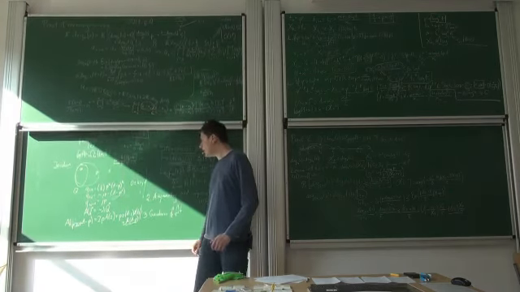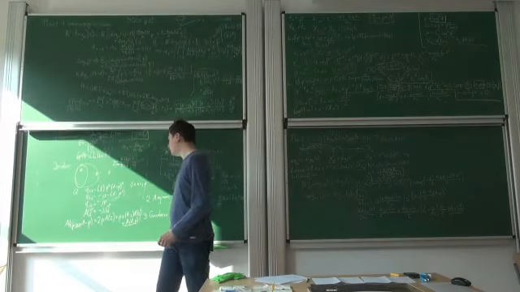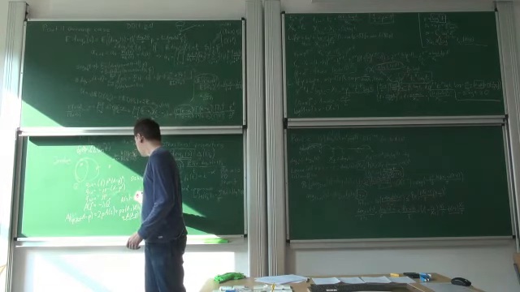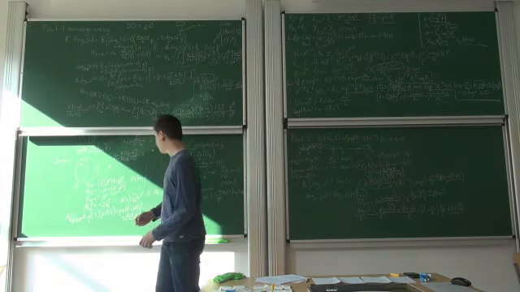Of course, a here is the generating function of a of k, so a of z is the sum of all a_k z to the k, starting from 1.